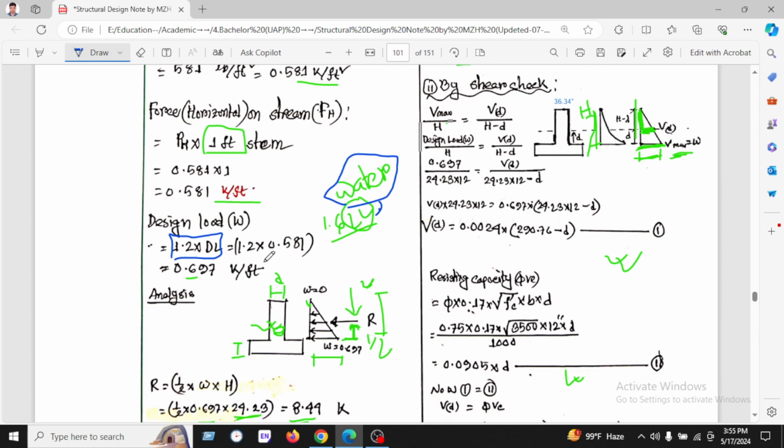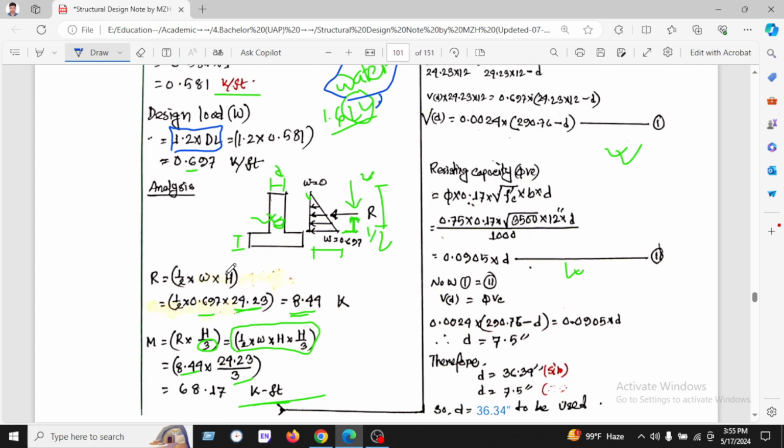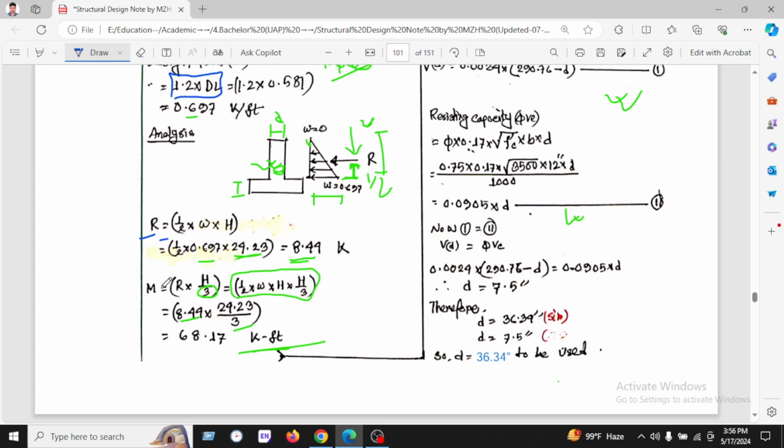As there is no water or dam design, we will not use it. We found 0.697, and the analysis will be the same as the triangular formula: R is half into length into height. Then we will find R, and the moment will be 1/3 of H into R, right?